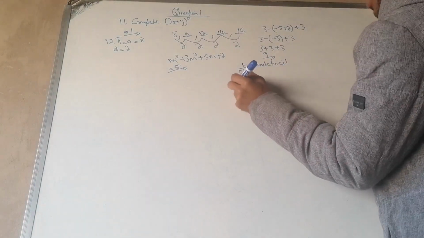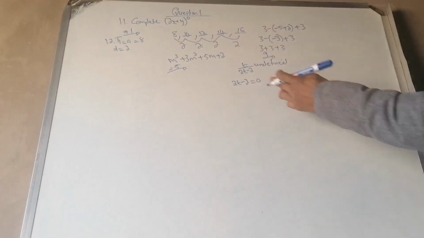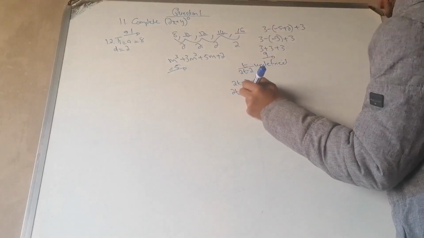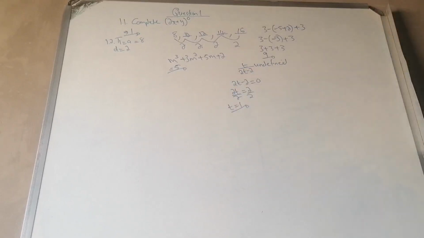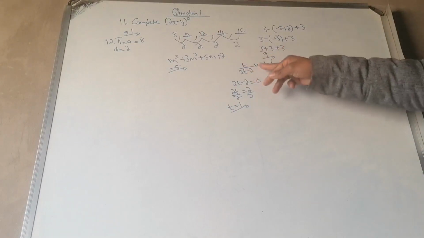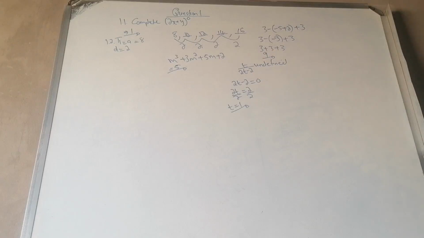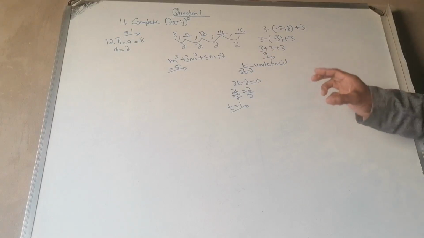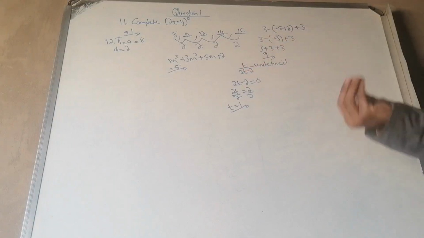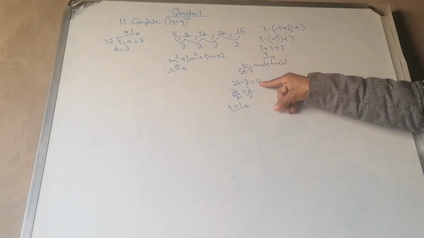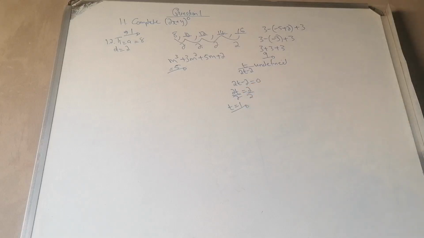You say 2t minus 2 equals 0, so 2t equals 2, divide both sides by 2, and t equals 1. When t equals 1, this expression will be undefined. Very important: for the expression to be undefined, the denominator has to equal 0. You equate it to 0 and solve for t, and then you are done. So those are your questions for question 1. They only give you 5 problems to work on.